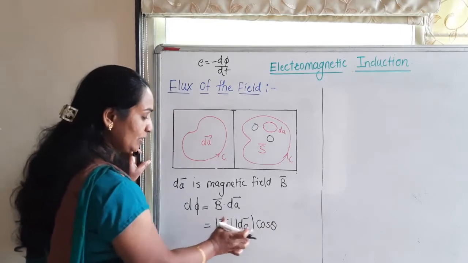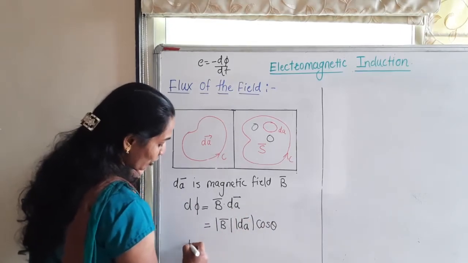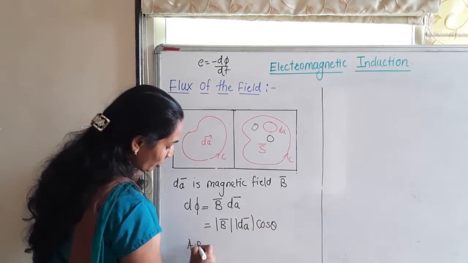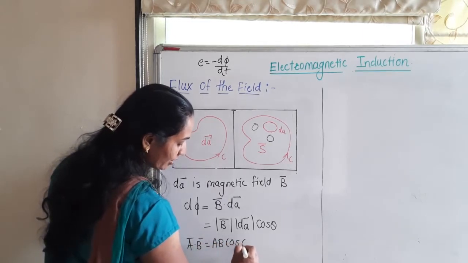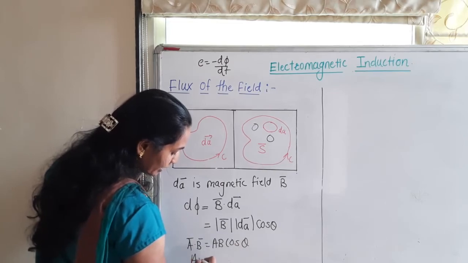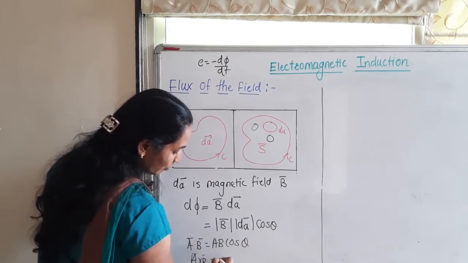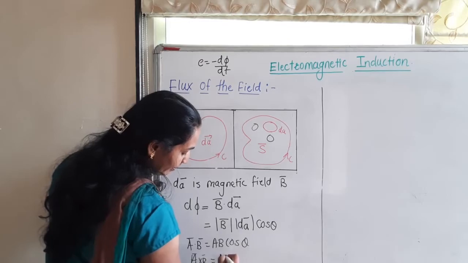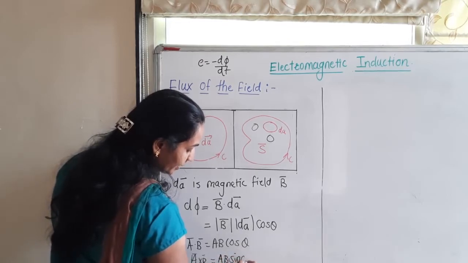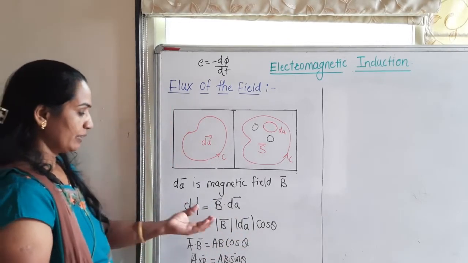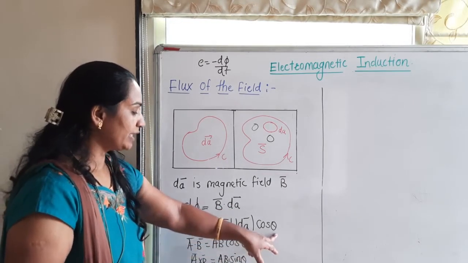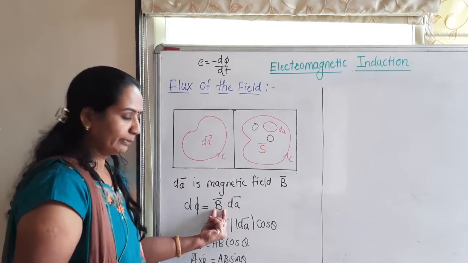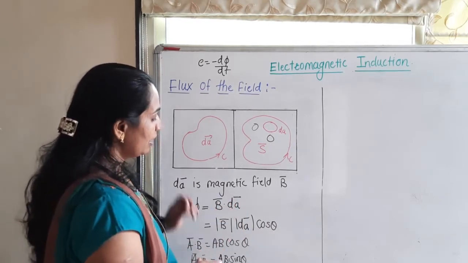Why is there a cos theta? Because for a dot product the formula is AB cos theta, and for a cross product the formula is AB sin theta. Here it is a dot product, so cosine of the angle between them, where theta is the angle between the magnetic field and the small area dA.